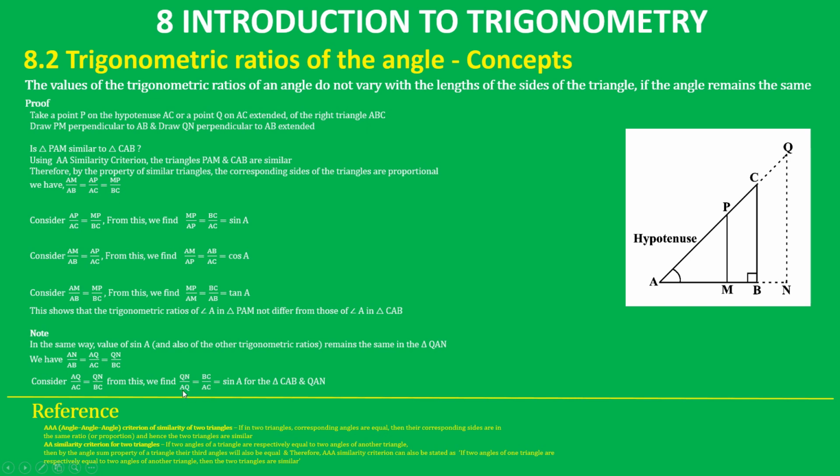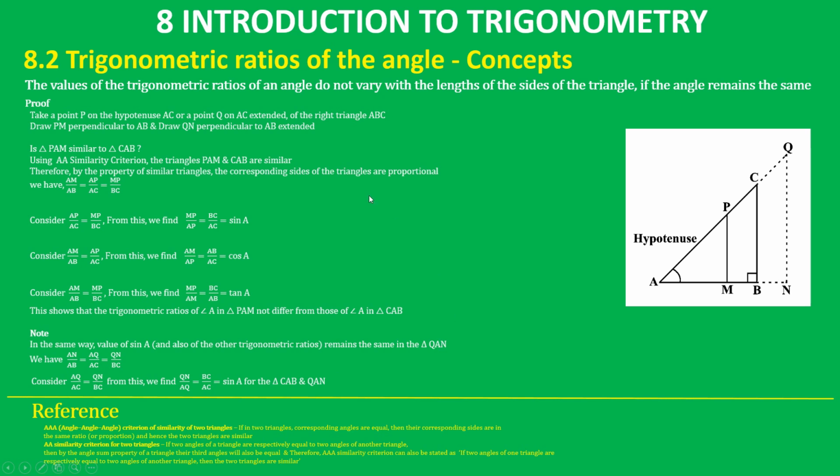QN by AQ, what is QN? Opposite side to angle A. What is AQ? Hypotenuse for this triangle QAN, so it is nothing but sine A in triangle QAN. Similarly, in triangle CAB, what is sine A? BC by AC, right? BC by AC, correct?